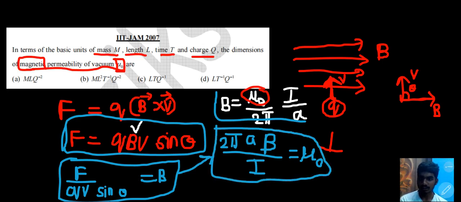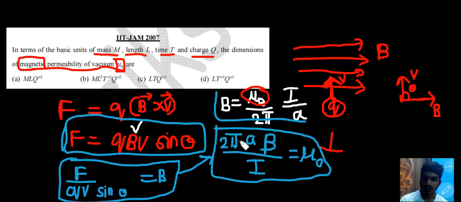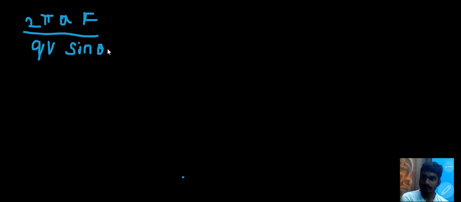After substitution I get 2 pi a, and instead of B, F by q v sine theta, into 1 by I, the current flowing in that conductor, which is equal to mu naught.